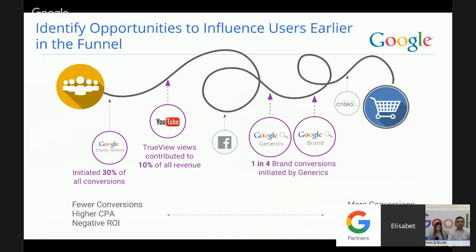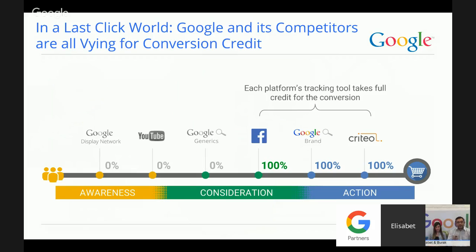But as I said, the upper funnel products such as Display Network and YouTube and social media or email, they are definitely having an impact on driving the volume of search terms for even your brand term campaigns and brand terms.